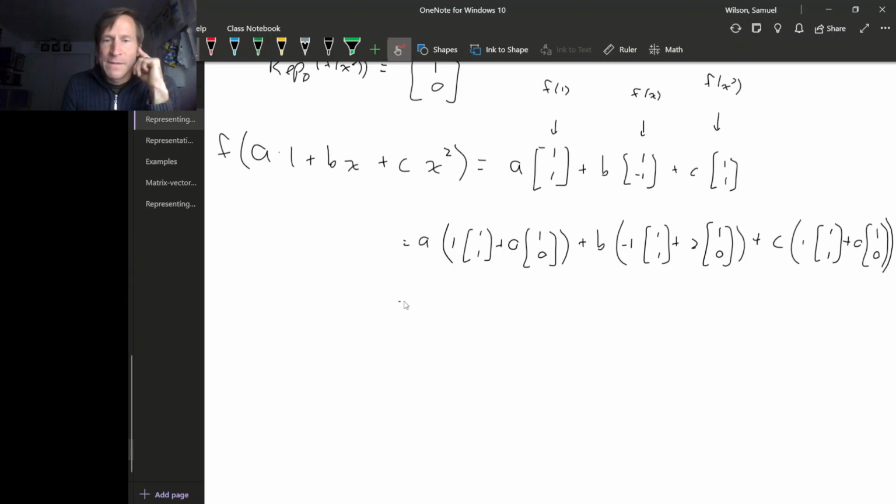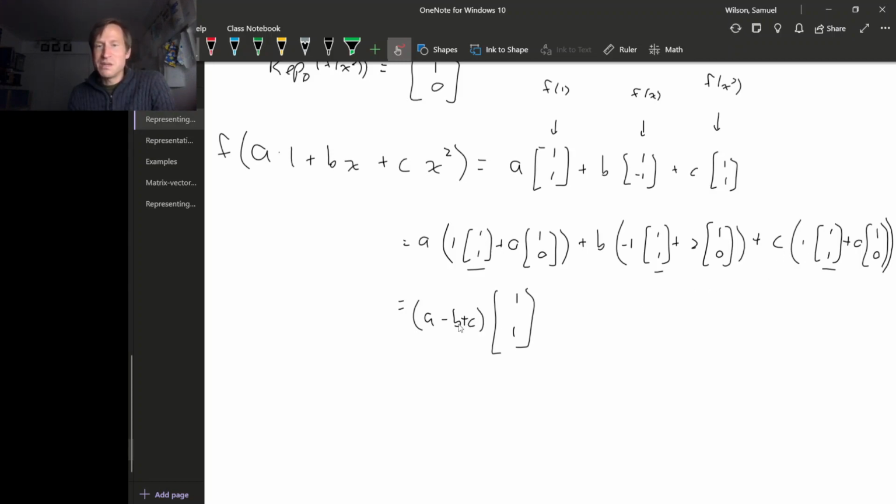Okay, now we can multiply all this out and group the terms according to which basis vector appears. So if we look at all of the terms that are multiplying the vector (1, 1), there's a 1 times a, there's a minus 1 times b from this part, so minus b, and then there's a 1 times c, so plus c.